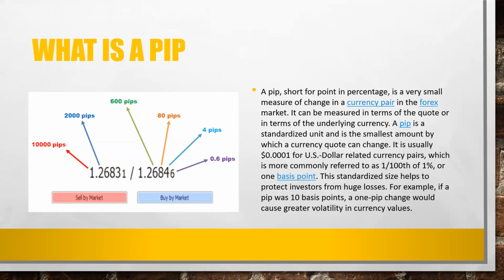It is usually 0.0001 of a dollar for the US dollar related currency pairs, which is more commonly referred to as 1/100th of 1% or 1 basis point. This standardized size helps to protect investors from huge losses. For example, if a pip was 10 basis points, a 1 pip change would cause greater volatility in currency values.